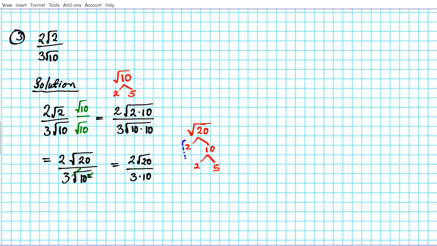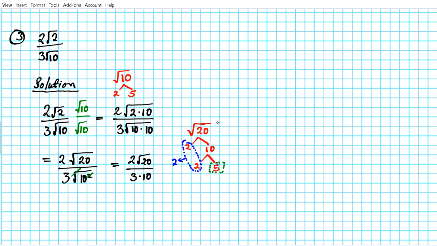What is the square root of 2 times 2? The square root of 2 times 2 is 2. So this factor of 4, if we root it, it comes out of the square root as 2. And the 5 is by itself. It's not a square, so it stays behind.